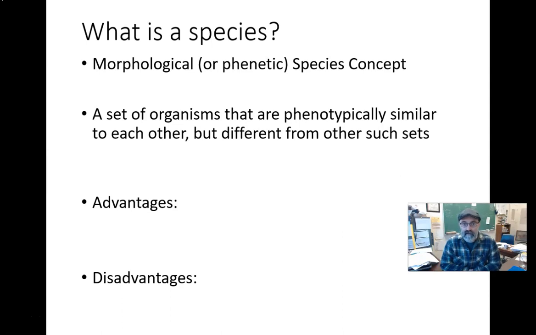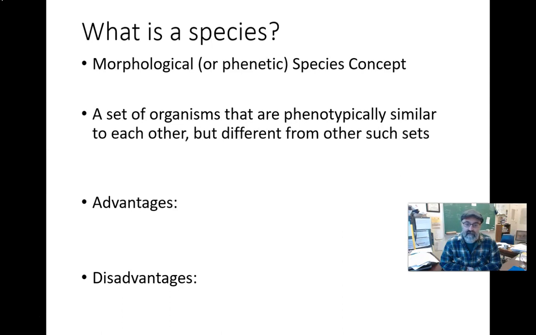Because we know within a population, just like we saw with the Knoll lab, there are variations. We can clearly see that in the human population. So the variation within a species is less than the variation between that group and another such group of organisms from a different species.